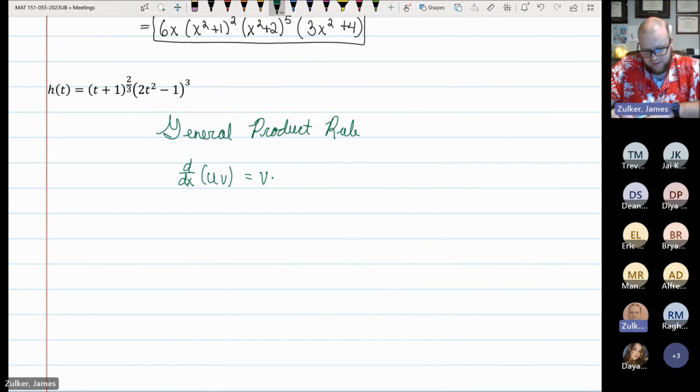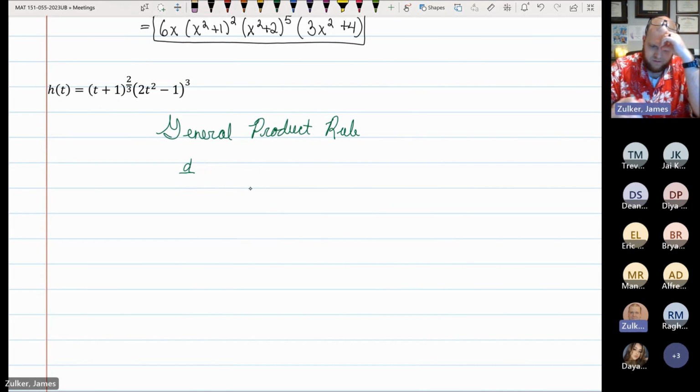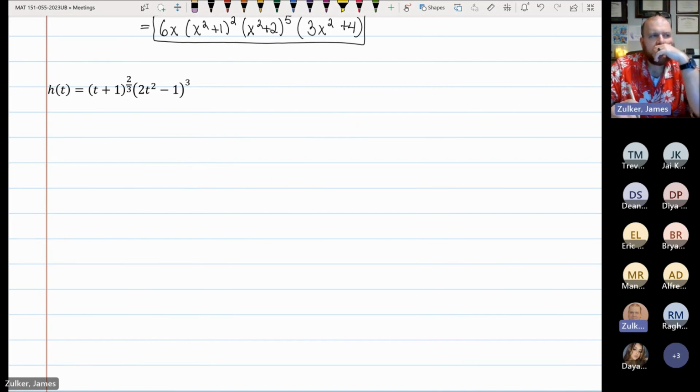It's just another way of writing FG. I don't think I can write a general product rule using chain rule.